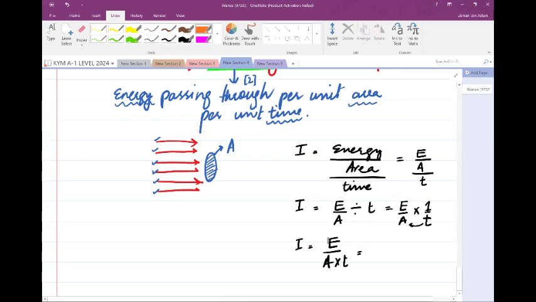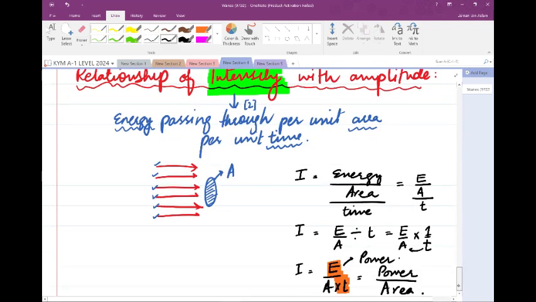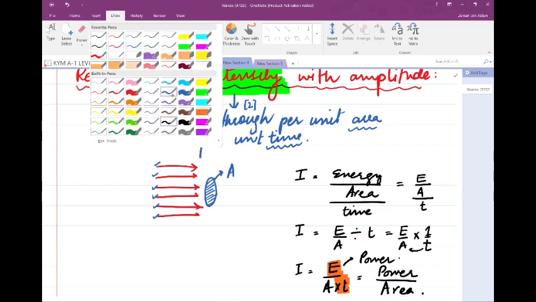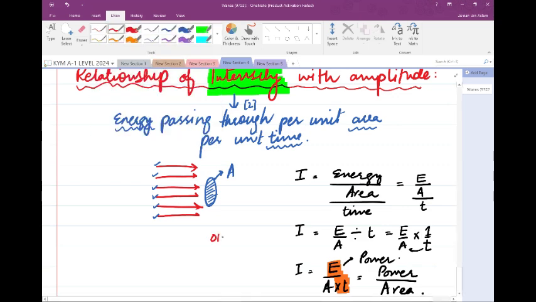Now, if you remember, energy divided by time becomes power. So intensity becomes power per unit area. So here is an alternate definition for intensity. Instead of writing energy passing through per unit area per unit time, you can write intensity is defined as power per unit area.